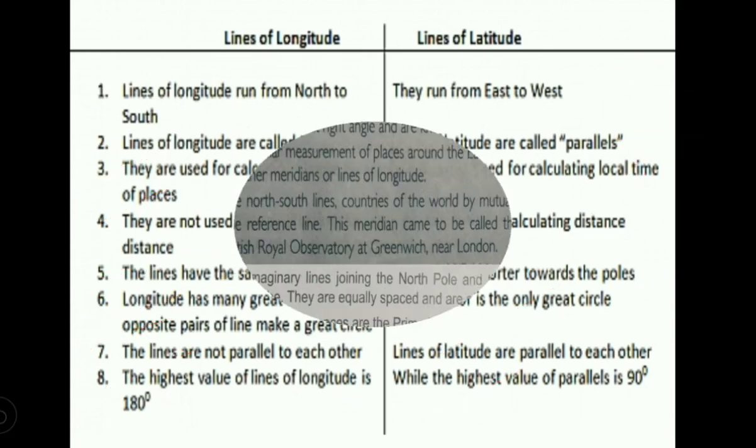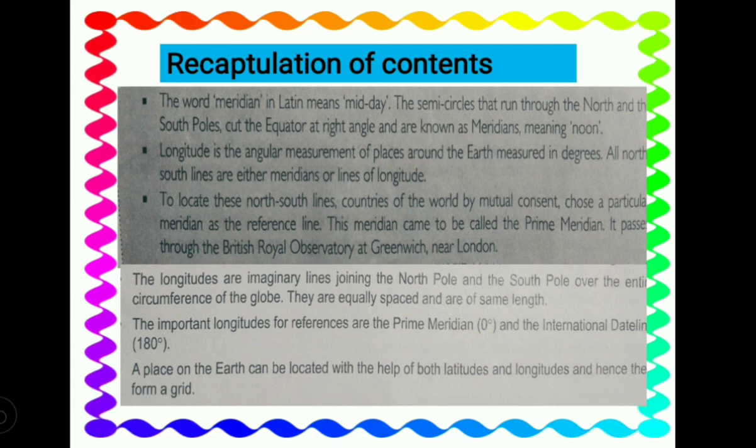Dear students, let us observe the recapitulation of this content. The word meridian in Latin means midday. The semicircle lines that run through the north and south poles and cut the equator at right angles are known as meridians, meaning noon. Longitude is the angular measurement of places around the earth measured in degrees.